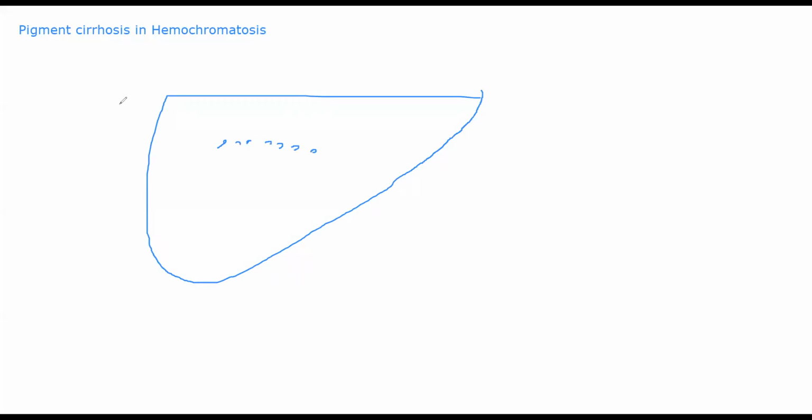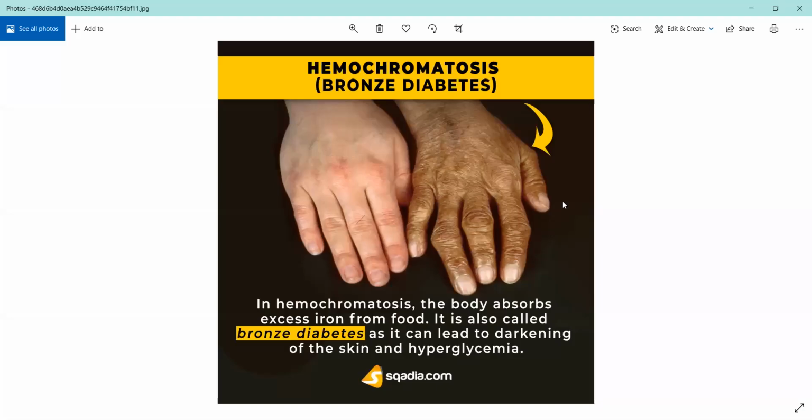Specifically because of the last two, skin pigmentation and diabetes mellitus, this disease is also called bronze diabetes. So for example, I'll show you one image. Hold on. See, this is how someone who has bronze diabetes looks. This is because of hemochromatosis. An excessive amount of iron is being absorbed into your body, and it is not being excreted properly.